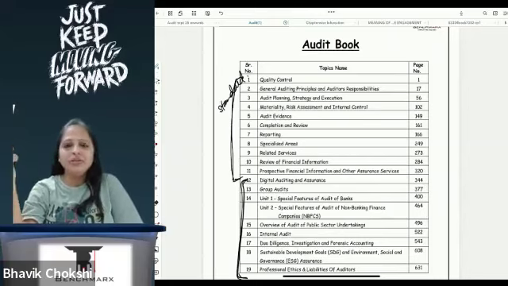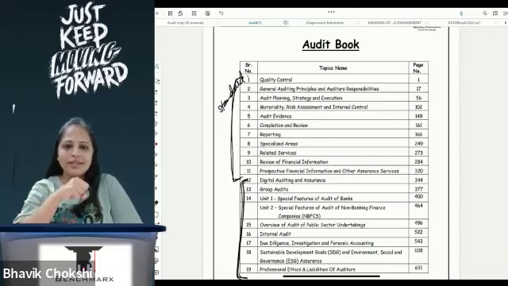Audit is again a paper where you can't say in short that I will score this much. If you're doing FR or AFM, because these are practical subjects, it's easier to understand that okay, this is what I've done right, this is what I've done wrong, and these are the marks I will get.